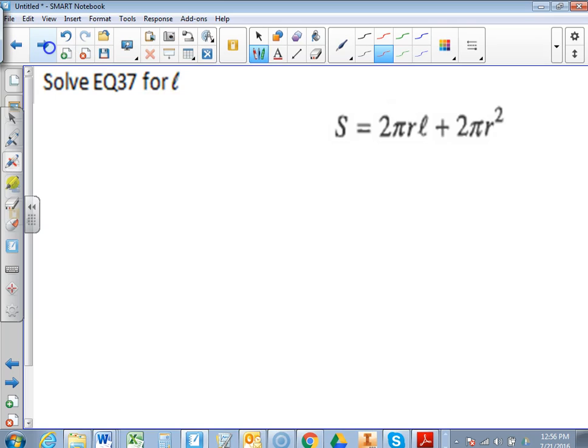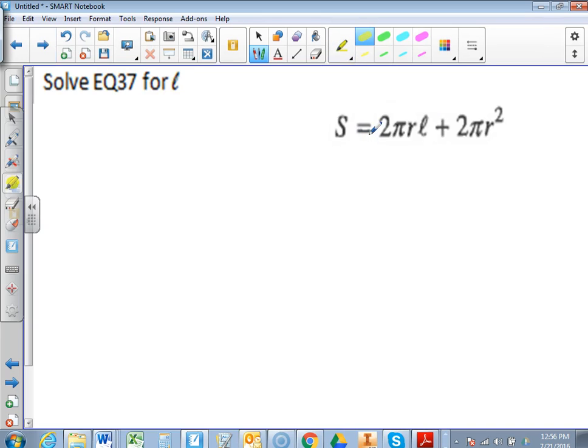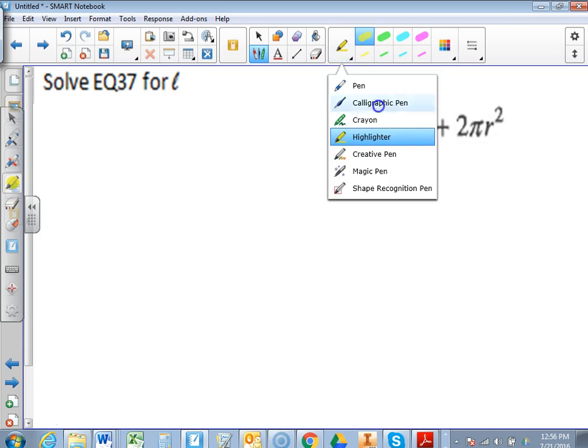So we're solving for L. Well, in this case, it really is just like the previous problem. It just looks more complicated, but it's a 2-step process, just like the last problem. I'm after L. I am after L here. See, I highlighted it.